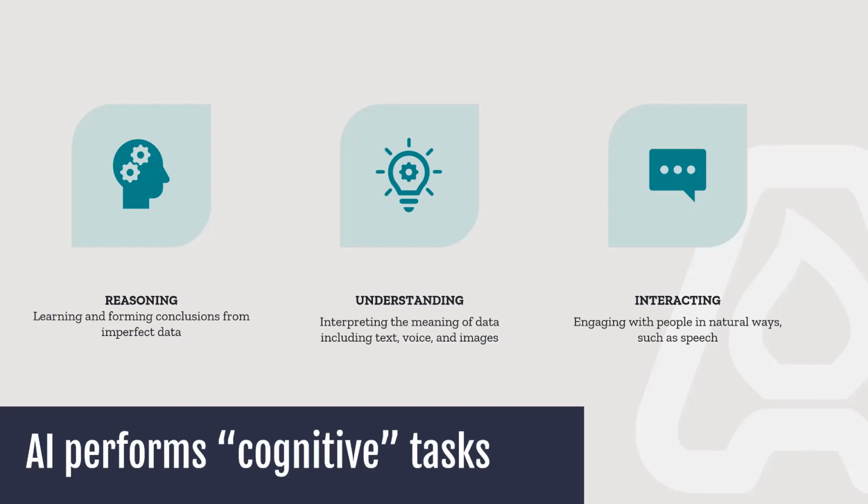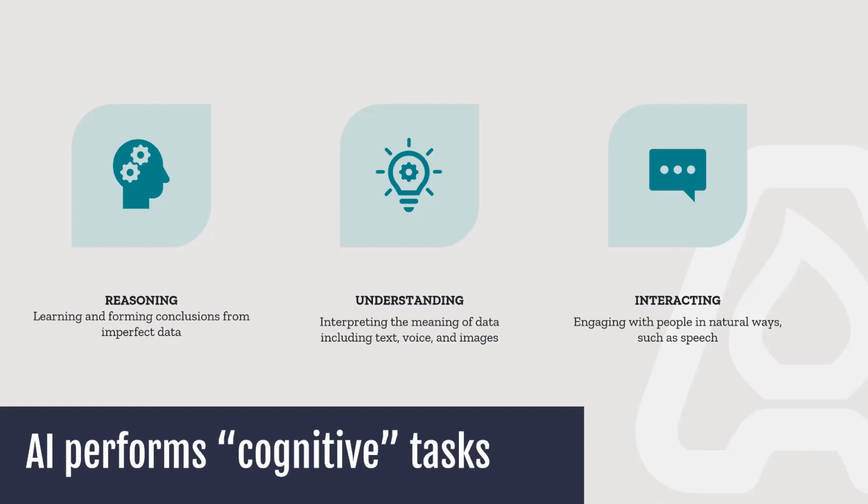So reasoning is, how do we go from the things we see, the data that comes at us in the world, and turn that into rules and ways of operating. Understanding is how do we interpret the sensory inputs we get from sight, text, voice, and so on.